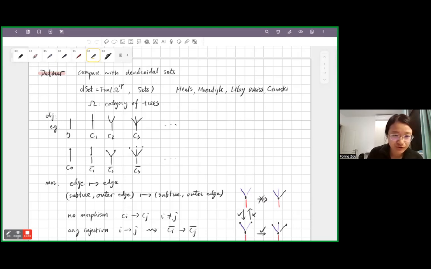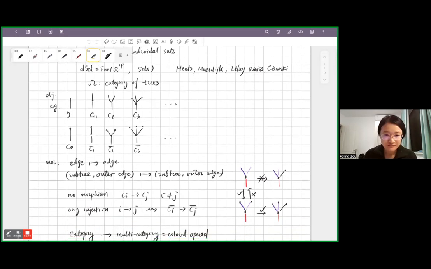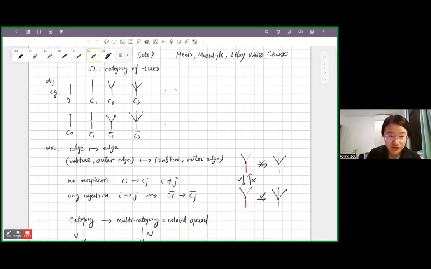And the morphisms between the trees should send edge to edge. It doesn't send vertex to vertex though. However, it should send a subtree with its outer edges to a subtree with its outer edges. By outer edges, I mean the edges that are not closed up by vertices. So in particular, there's no morphism from Ci to Cj if i is not j.